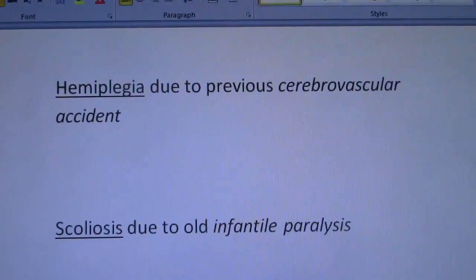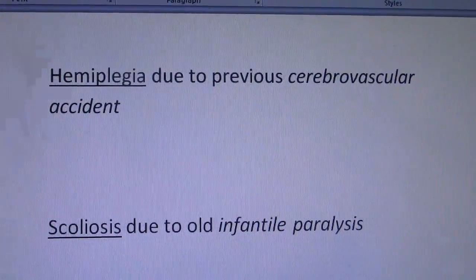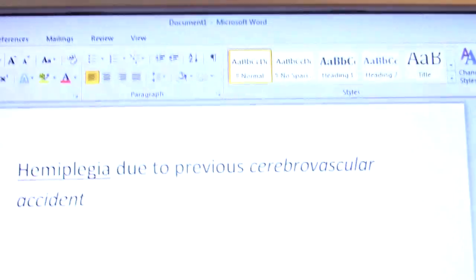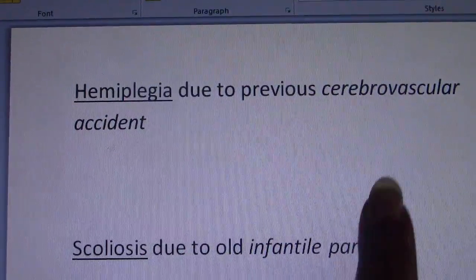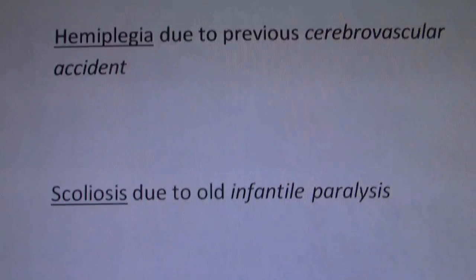All right, let me show you some examples that I've prepared. First one says, hemiplegia due to a previous cerebrovascular accident. So today they have hemiplegia, but it's because of a previous CVA that they had. Okay? Had they not had the stroke, they wouldn't have hemiplegia today.